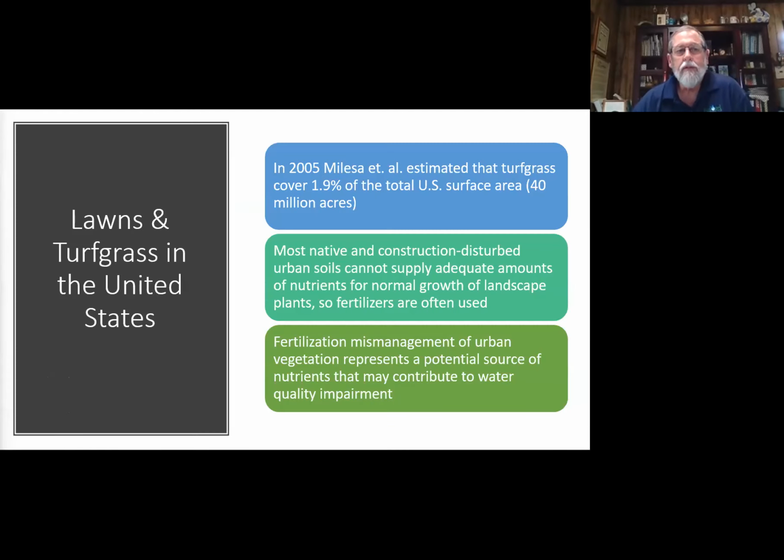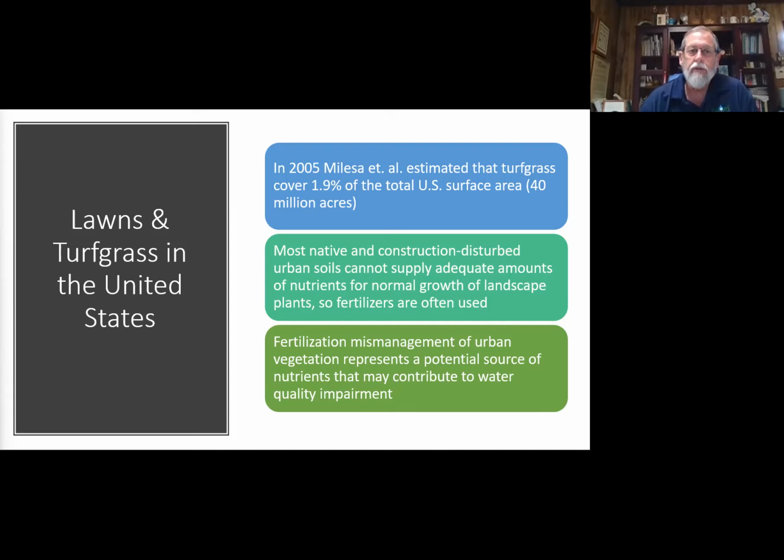And speaking of lawns and turf grass, how much of it is here in the United States? In 2005, it was estimated that 1.9%, or almost 40 million acres of turf grass, is in the United States. And when you add Canada and other countries to our south, it really increases dramatically.